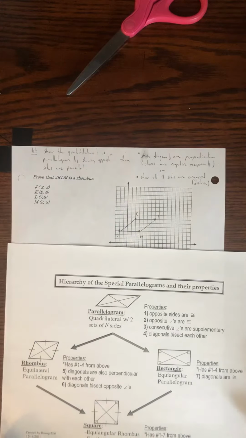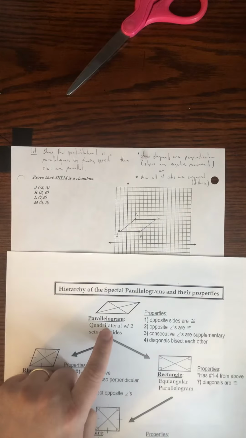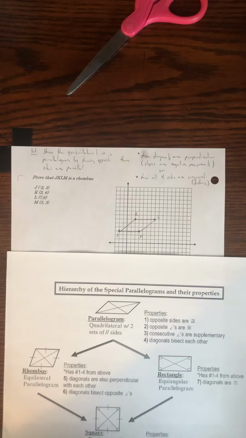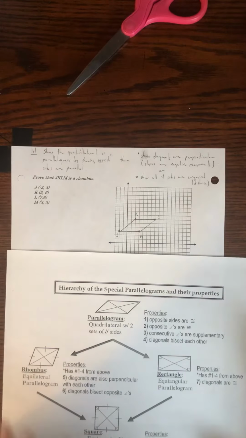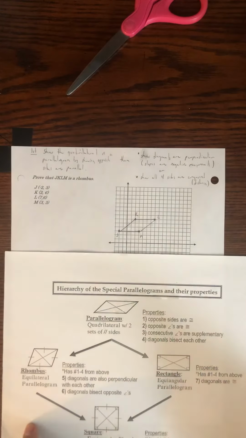The first thing we want to do in each case is show that the quadrilateral is a parallelogram, and we're going to do that by finding the slopes of all four sides. And then after we do that, to show that the parallelogram is a rhombus, we have a couple different options. Remember, one of the key properties of a rhombus is that the diagonals are perpendicular, so that would be one way to show it's a rhombus, and I think that's the easier, quicker way because it involves slope.